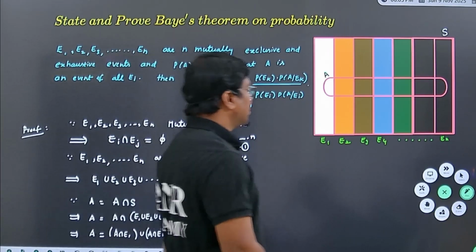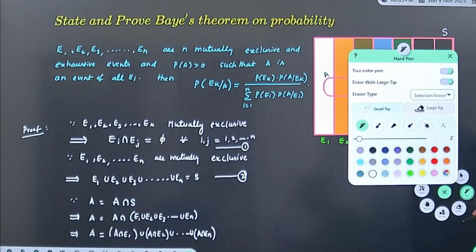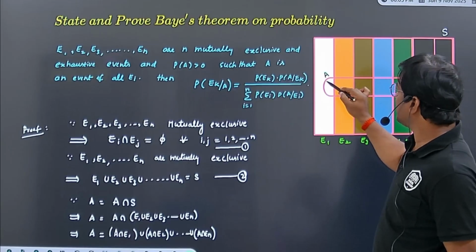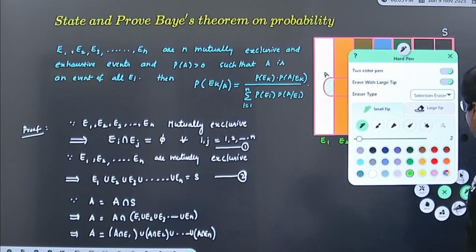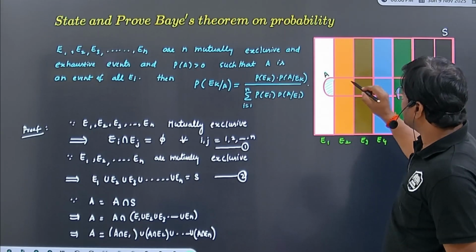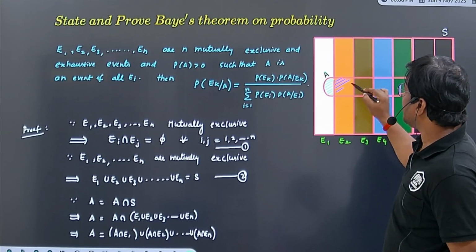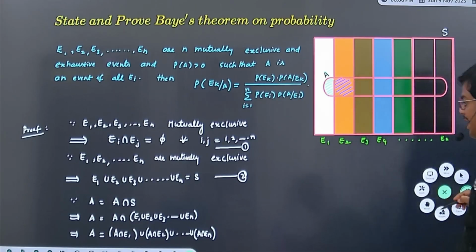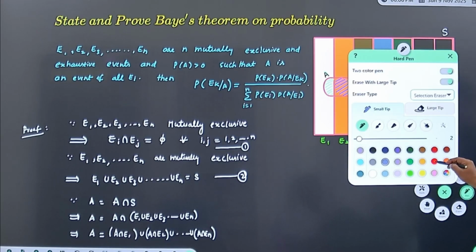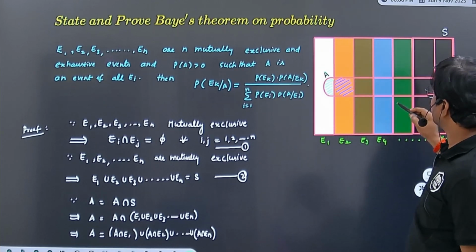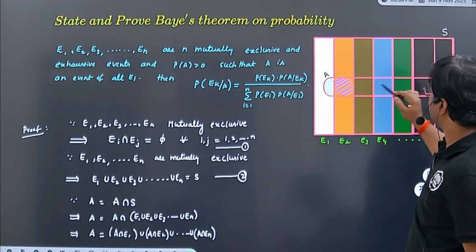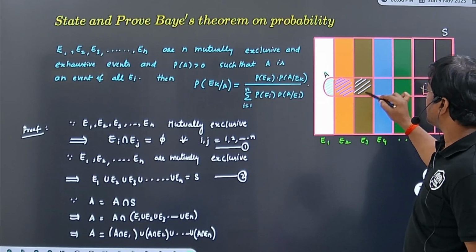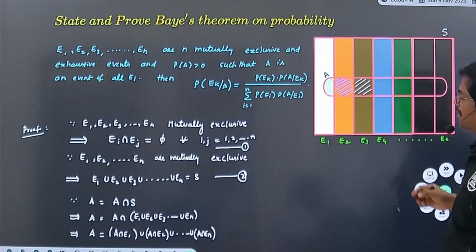Here you have the A intersection E1 portion, the A intersection E2 portion, next A intersection E3, and these are all clearly disjoint.